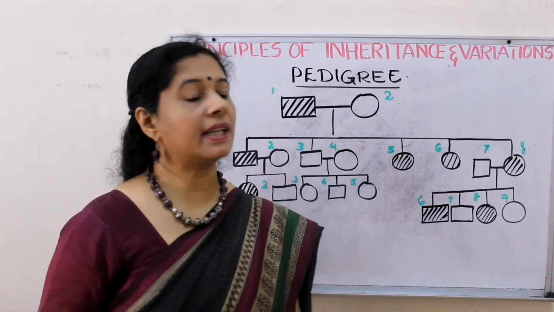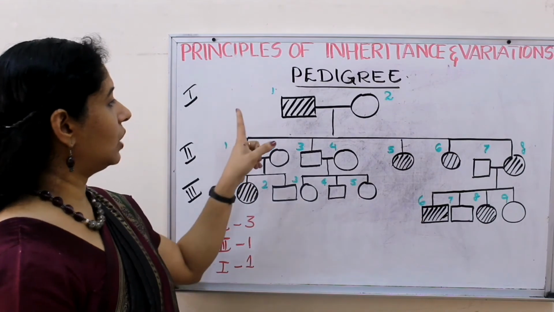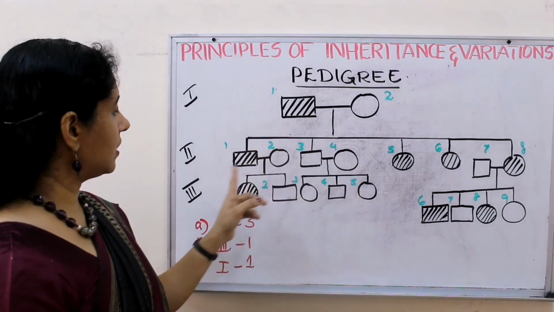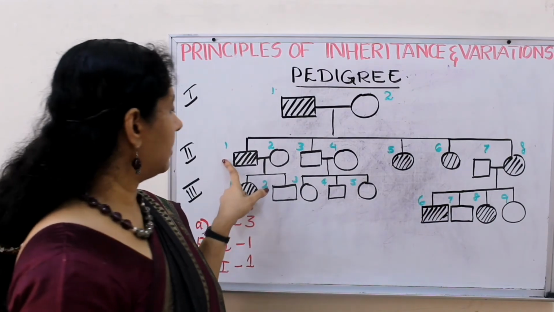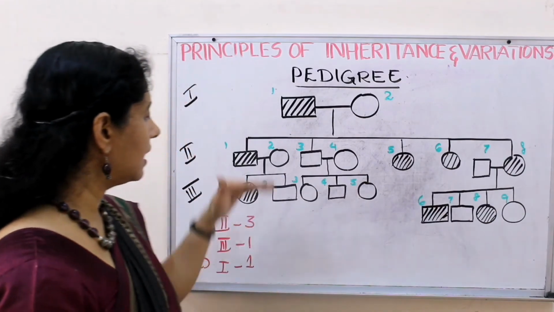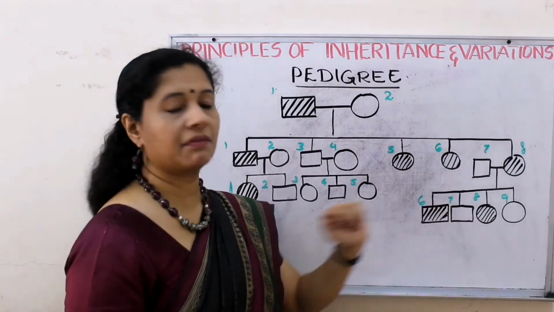Okay. So now let us see another pedigree. So here members are more. We know that in the first generation the male is affected. In the second generation one male is affected, one female is normal and another female is affected. In the third generation again one female is affected, one male affected, one female affected.